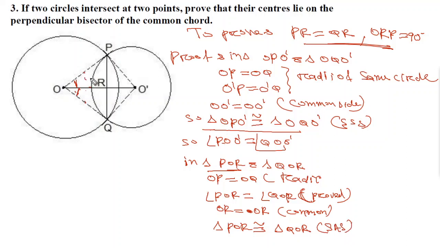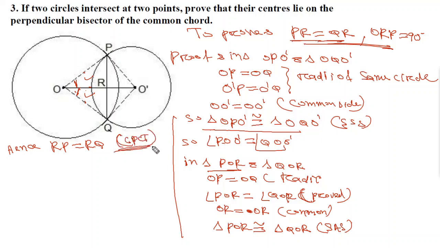As both these two triangles are congruent, we can say RP equal to RQ. So we can say, hence, RP equal to RQ, or PR equal to QR, same. This is what we needed to prove. The reason is CPCT.